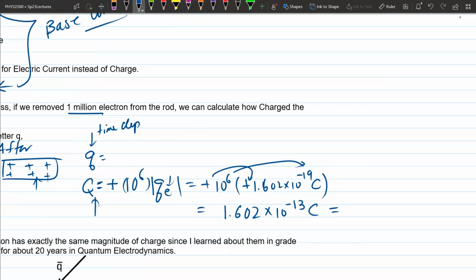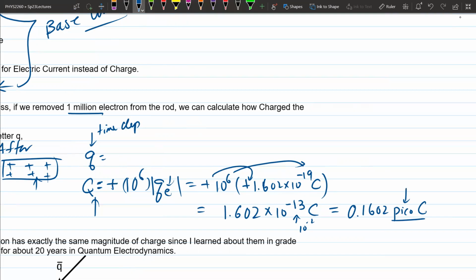And we can even put it in a slightly different unit: 0.1602 times 10 to the minus 12, so that's picoCoulomb. You notice that the charge is quite small.